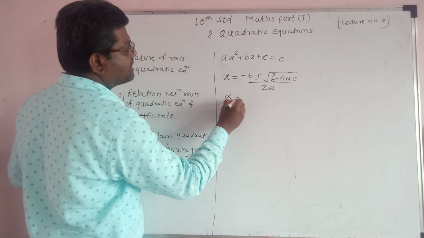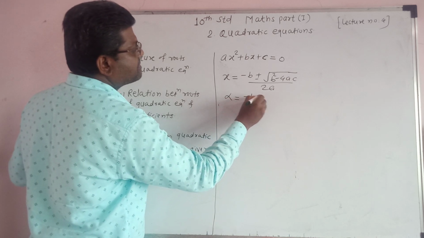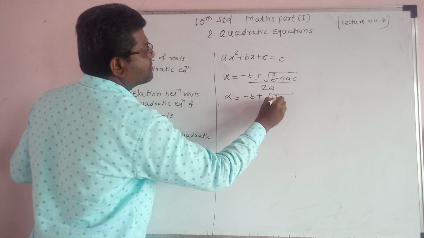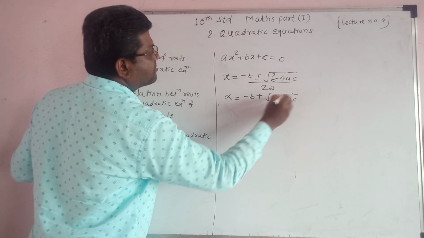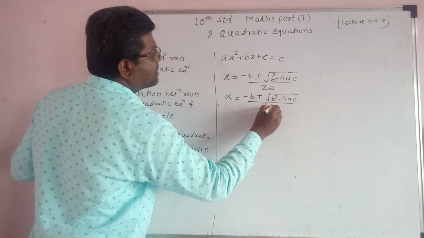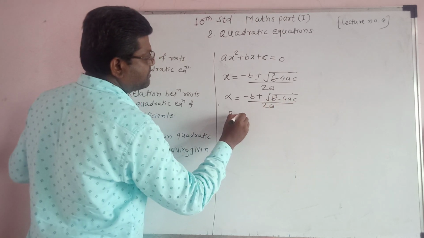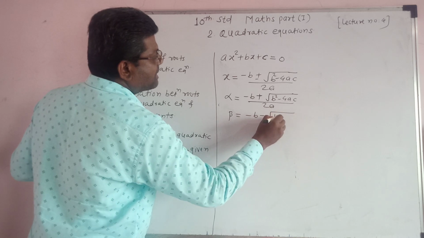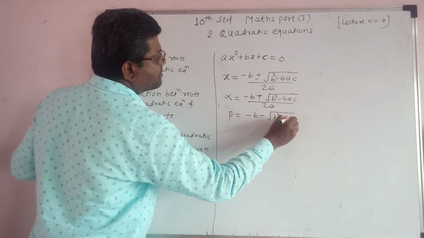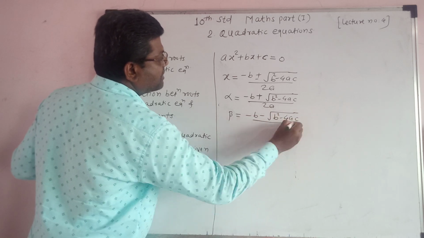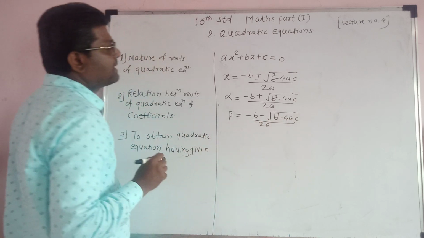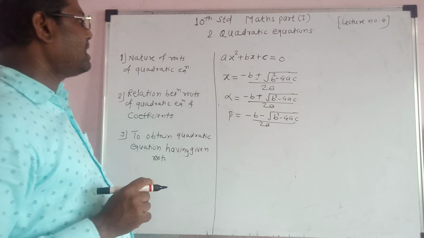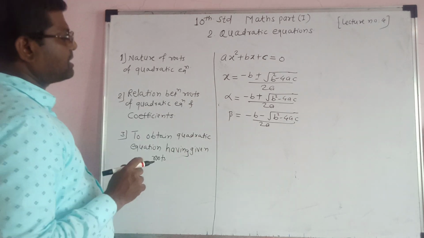First root is alpha = (-b + √(b² - 4ac)) / 2a, and the second root is beta = (-b - √(b² - 4ac)) / 2a. Thus this equation has two roots, alpha and beta.